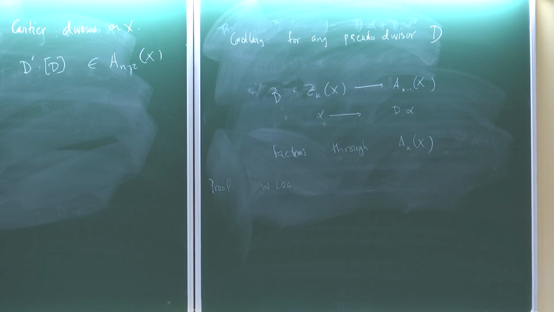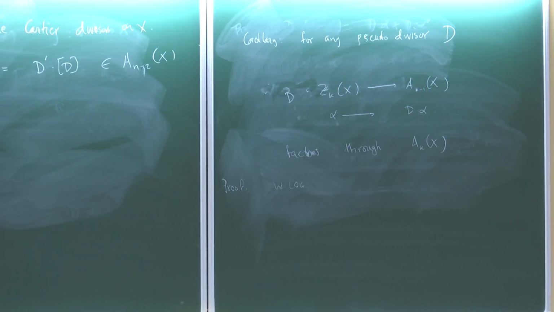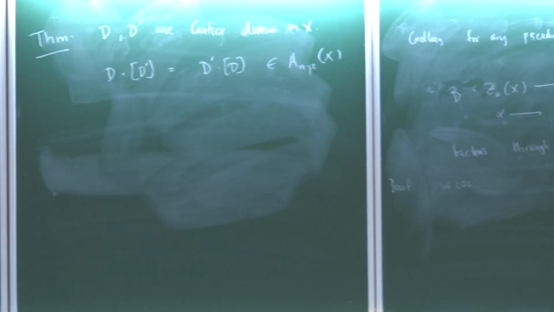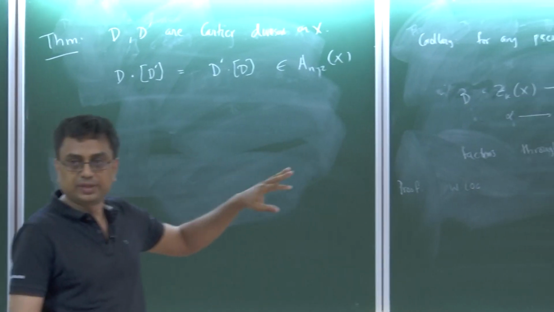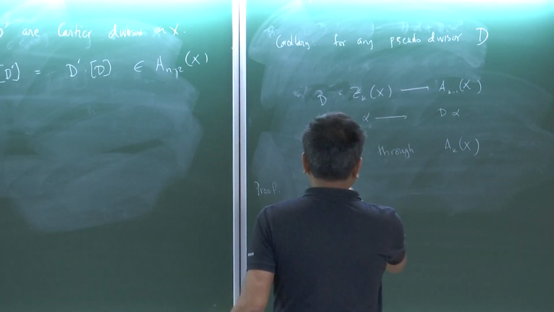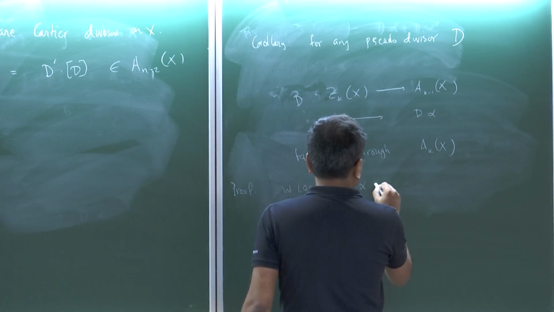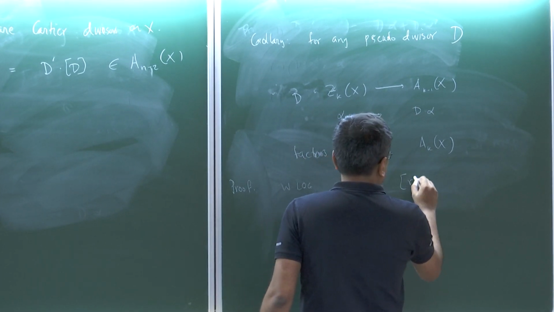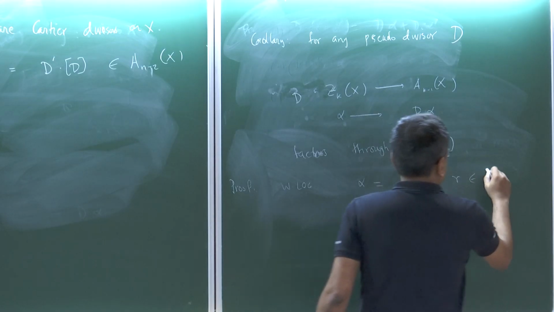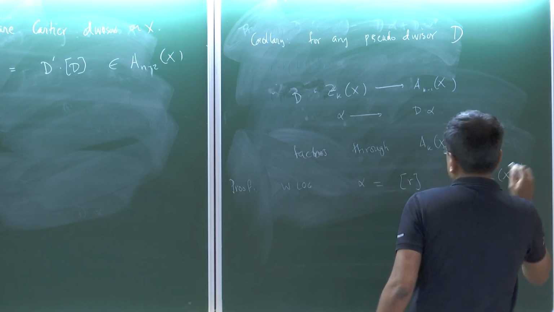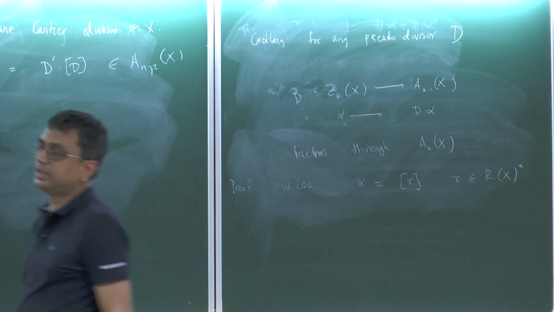I have a subvariety W, and I have the divisor of a rational function on W, right? These are the generators. So I can replace X by W, right? So without loss of generality, I can assume that alpha is actually the divisor of a non-zero function on X.